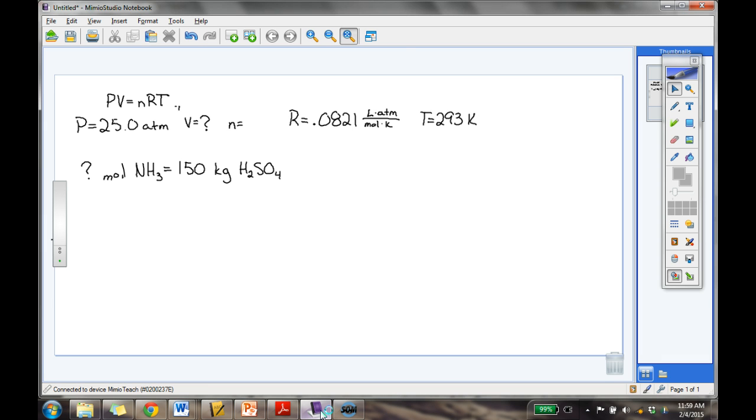That's where our stoichiometry comes in. We have to convert kilograms of H2SO4 into moles of H2SO4. There are two ways you can do this. You can do a two-step process where 1 kilogram of H2SO4 is equal to 1,000 grams of H2SO4, and then from there we convert from grams into moles.